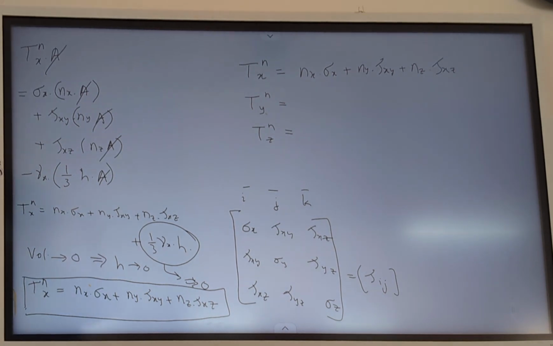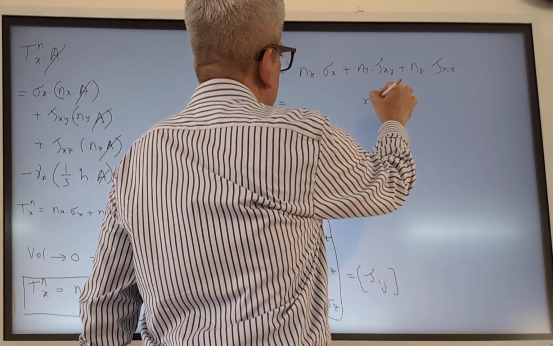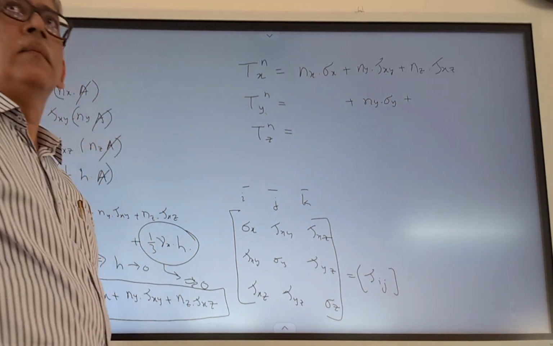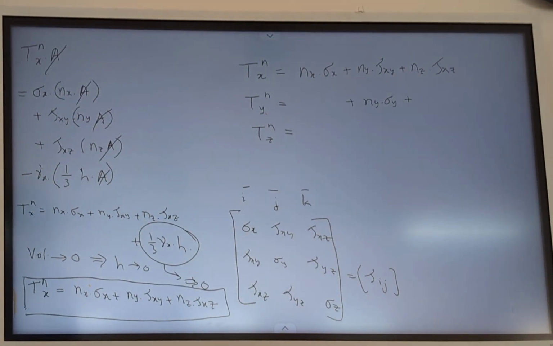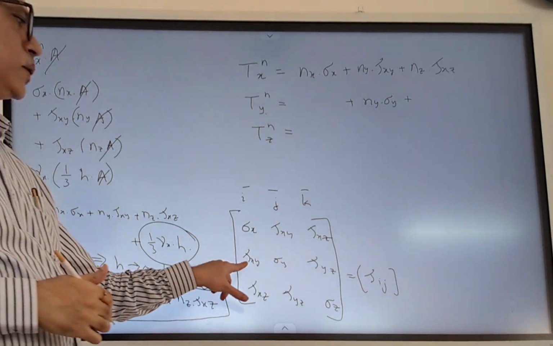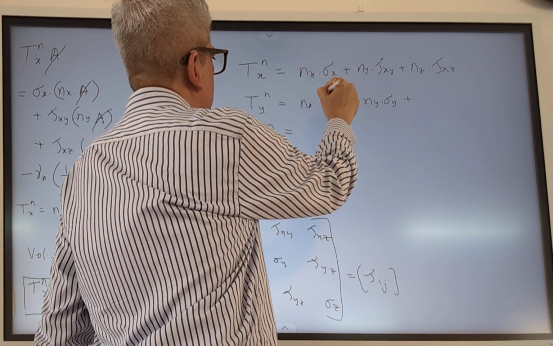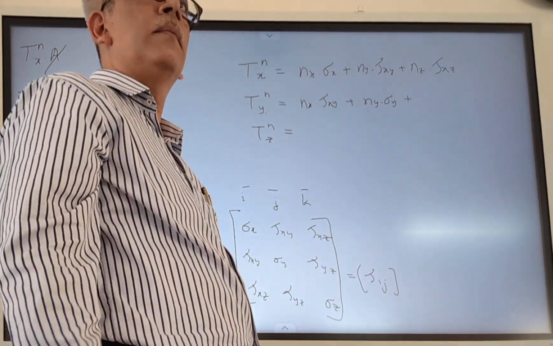That will help you to remember. Sigma y into ny, that's right. Tau yx into nx. So yx or xy. So nx into tau xy. The last term.